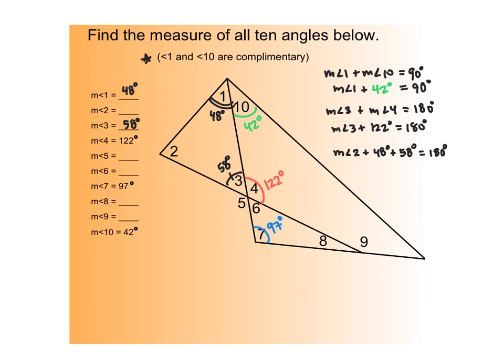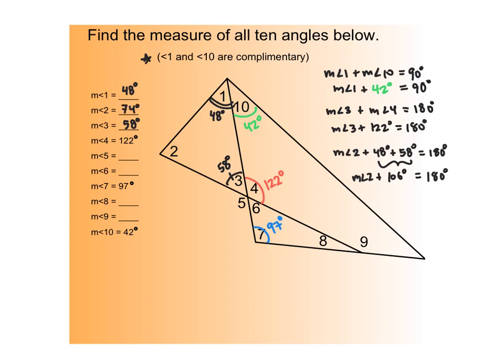So 48 and 58, if my math is right, should be 106 degrees. So the measure of angle 2 plus 106 degrees should equal 180 degrees. So the measure of angle 2 will end up being 74 degrees.